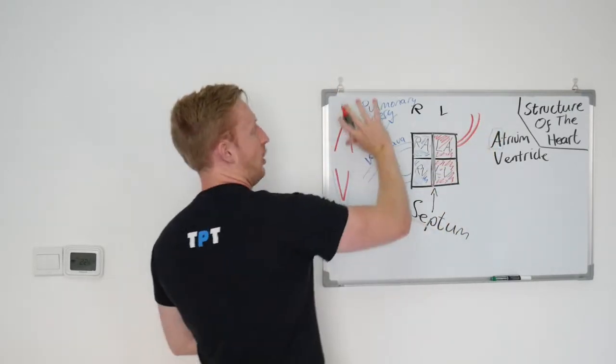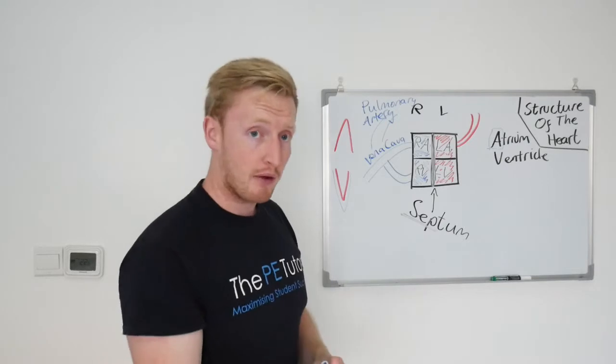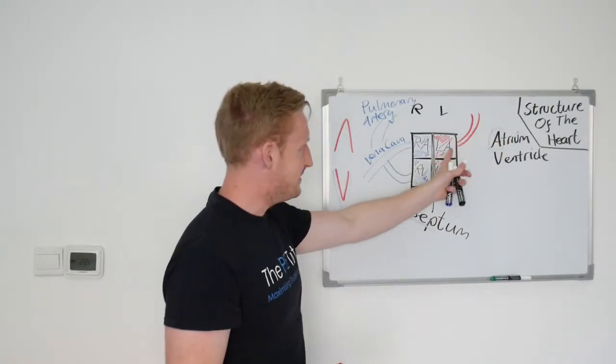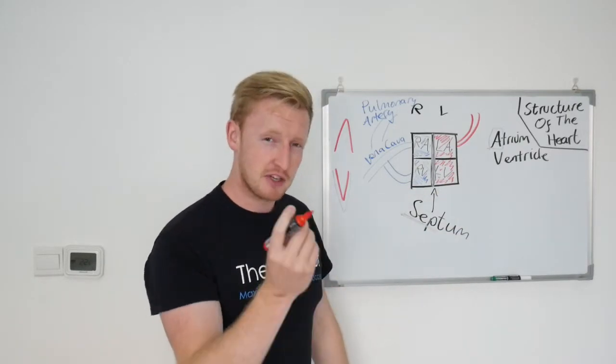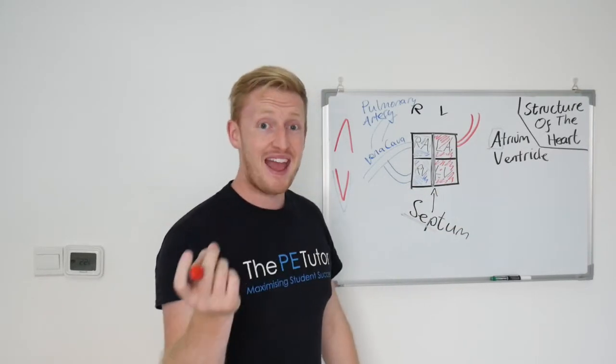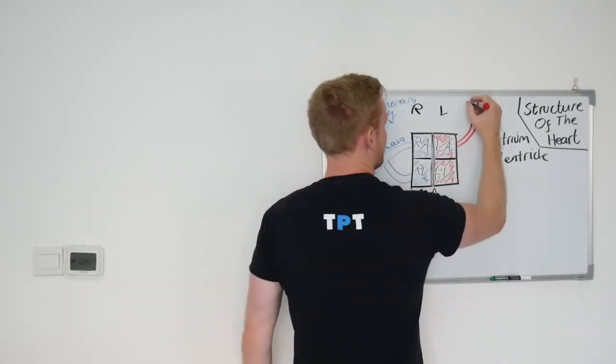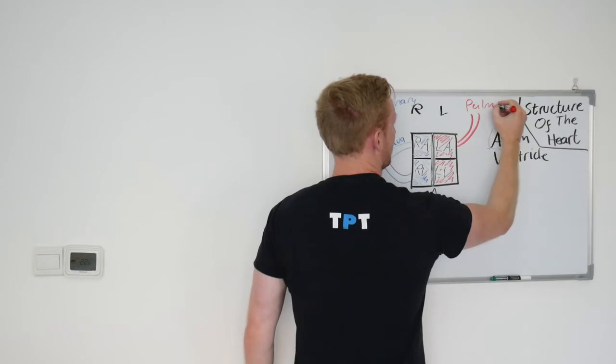Because this is the vessel from the pulmonary circuit, we know it's going to start with pulmonary. Because it's carrying blood into the heart, it's going to be a vein. Remember the spelling of vein, V-E-I-N, I-N, in. It carries blood into the heart. So we've got the pulmonary vein.